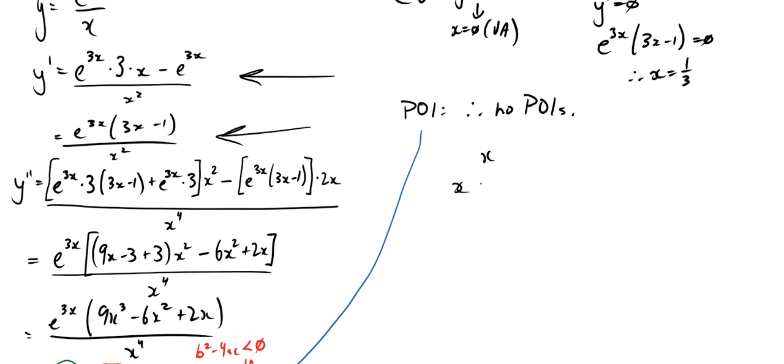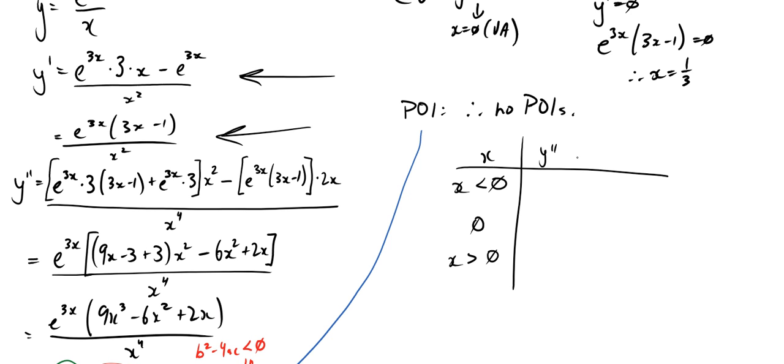So when x is less than 0, at 0, and when x is greater than 0, we look at y double prime and y. Again, I wouldn't pick giant values less than 0. Pick -1, -2, -3, so you get reasonable things. We get a negative here, so that's concave down. This does not exist. It's a vertical asymptote. And then we get positive here, so it's concave up.